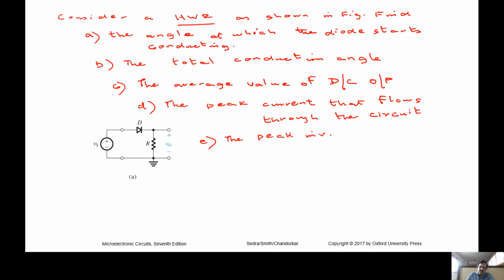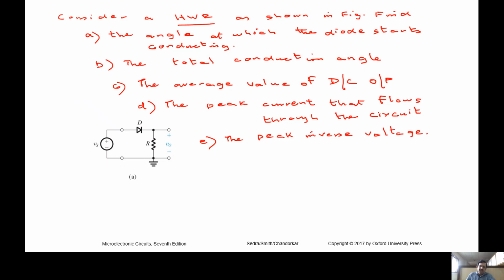Remember what is peak inverse voltage? Peak inverse voltage is the maximum reverse voltage that appears across the diode when it is under reverse bias.